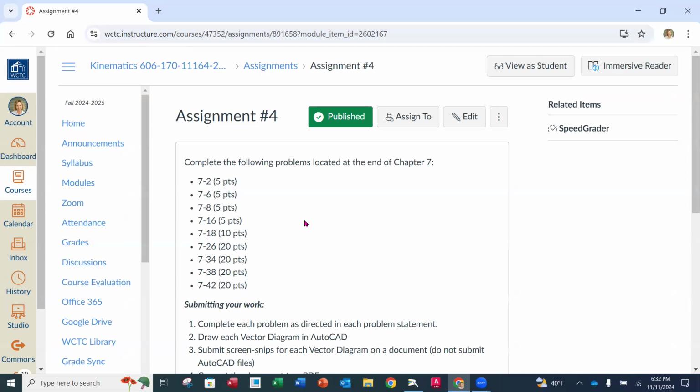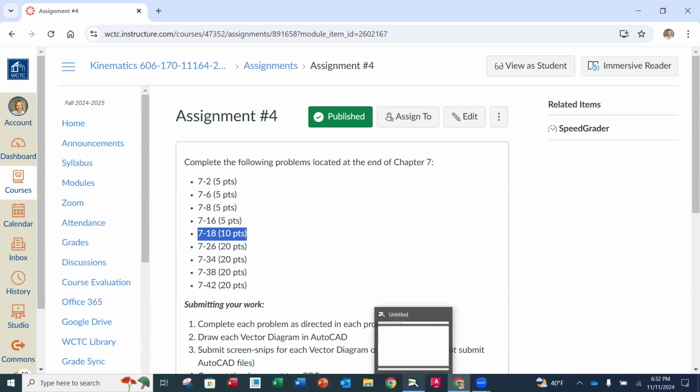We've got 7-2, 7-6, 7-8, 7-16, 7-18, and then I think 26. Yeah. So those first ones. It looks like about half of these. So 18 and below, you should be able to do.